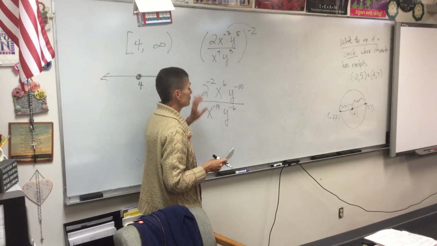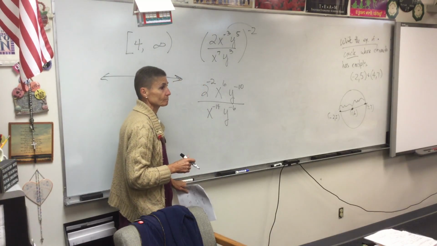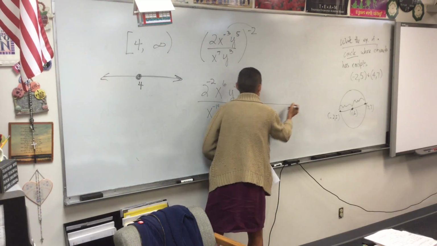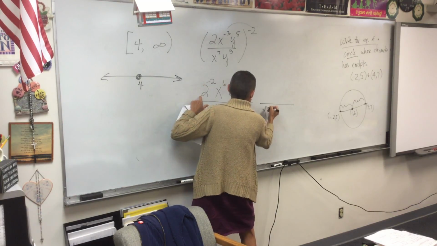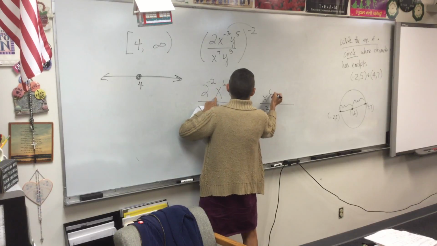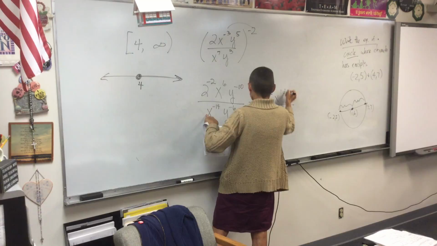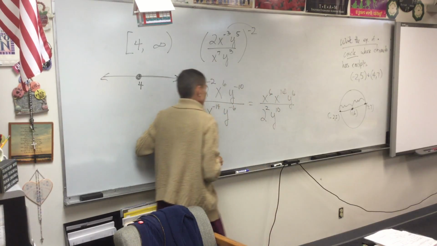Annie, what would you do next? Move the negative exponents to the top and bottom. Yep, take care of those negatives. Let's get them moved. So down comes the 2. This stays here. The y comes down. This goes up, and this goes up.